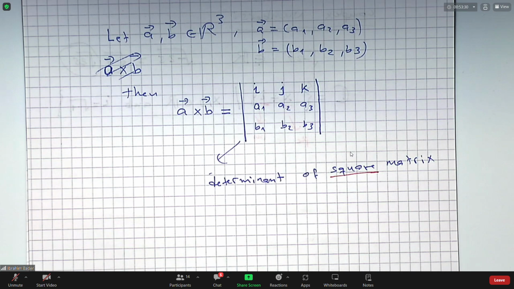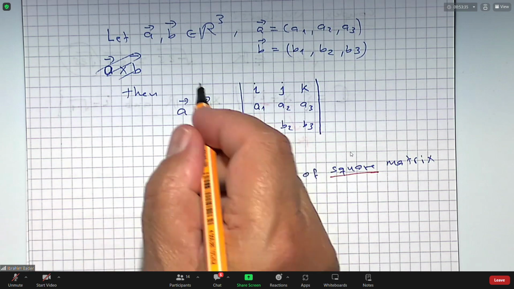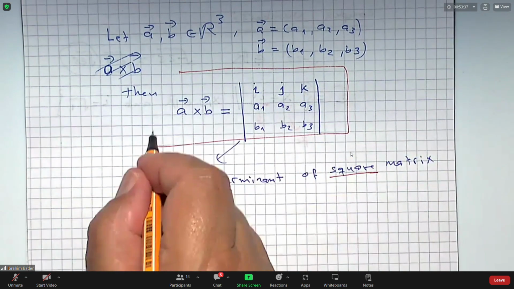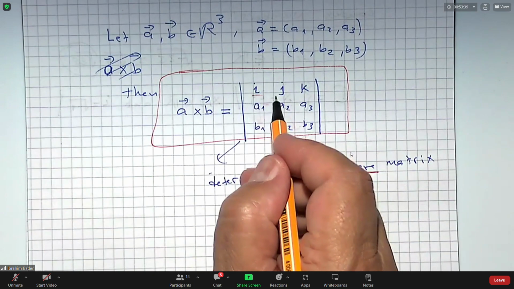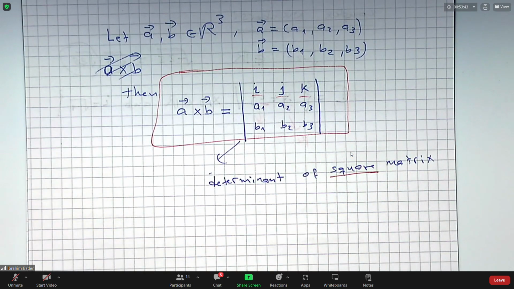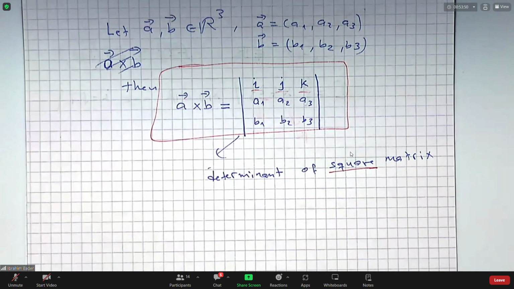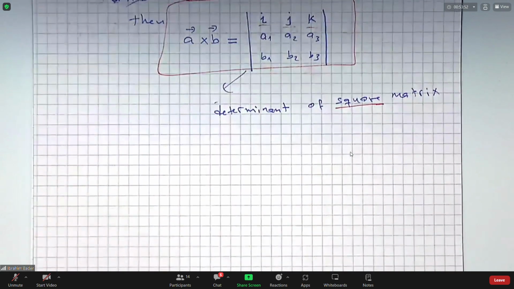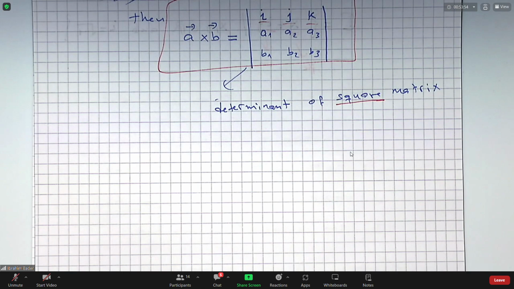So this is how we are going to evaluate the cross product of two vectors. Place the unit vectors on top, and then the two vectors, two lines, and then we will get a 3 by 3 determinant that is possible to evaluate because it's a square matrix.